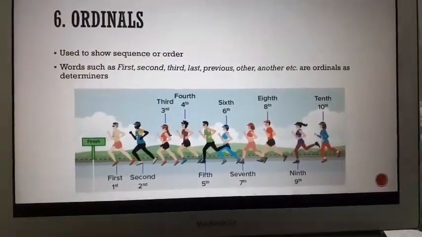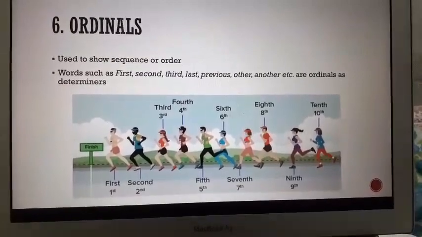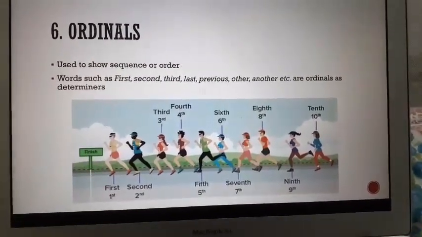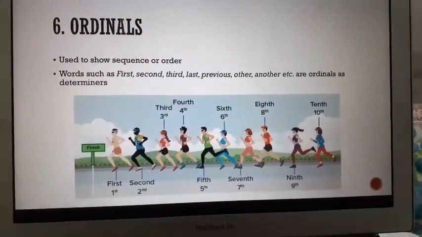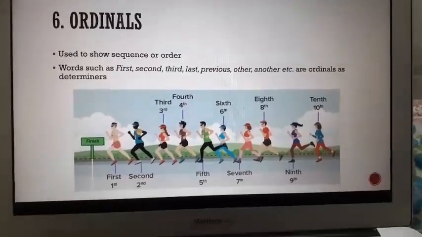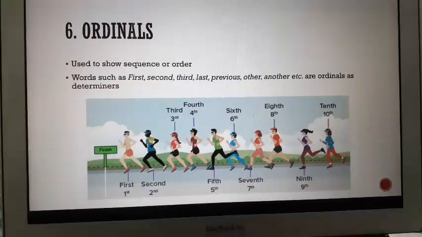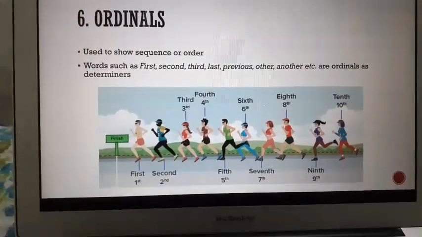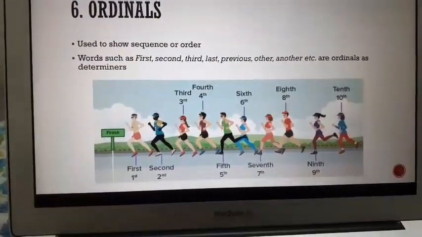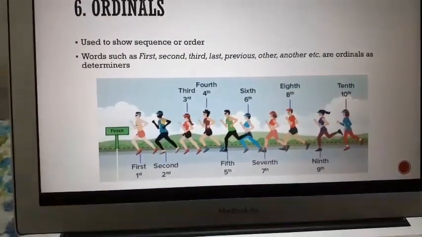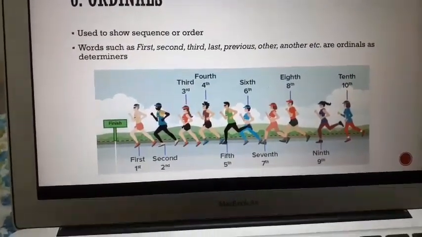Ordinals. Now ordinals are used to show the sequence or order of something. Words such as first, second, last. So, the first meeting was held here. The first batch of mangoes. The first rain. I came fourth in a run, something like that.